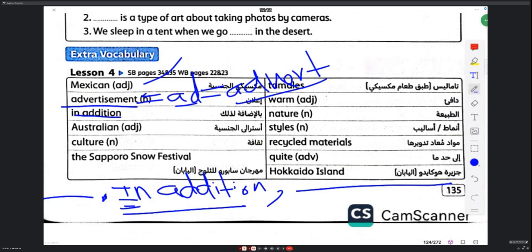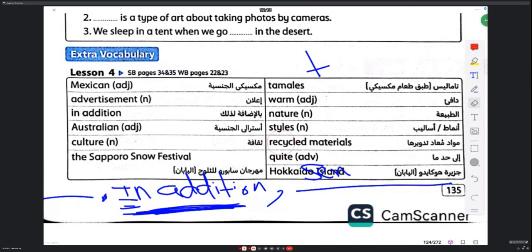So in addition comes at the beginning of a sentence and means and. But we can use in addition to plus a noun or phrase. In addition to is followed by a phrase or ing form.